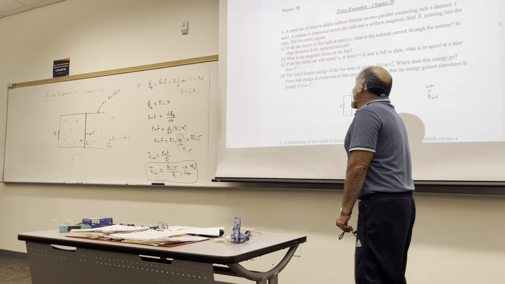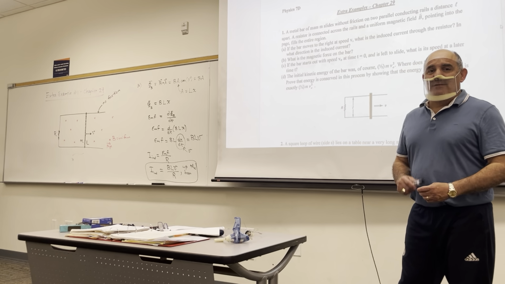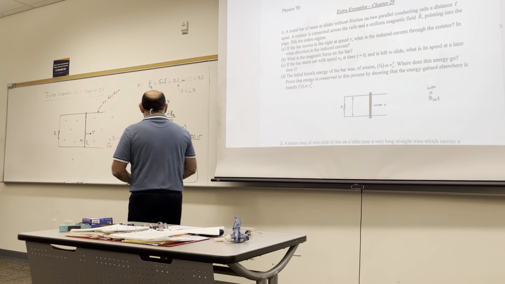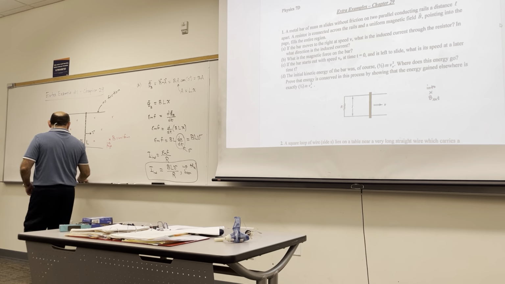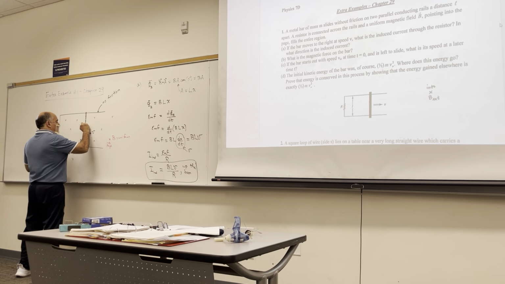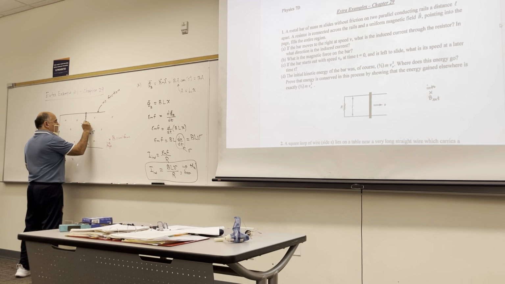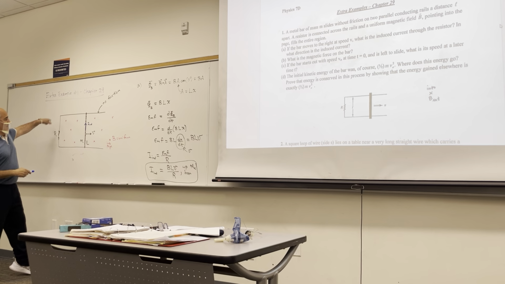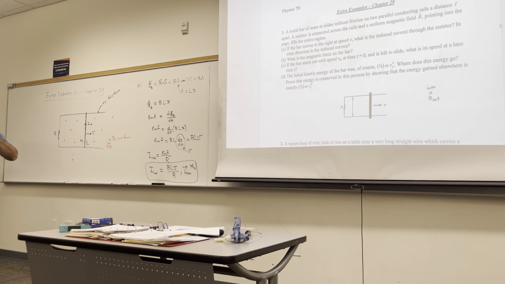Are we good with the first question and the solution? That's essentially the previous example. So there's a current up the bar, equal to that in magnitude, and down the resistor.